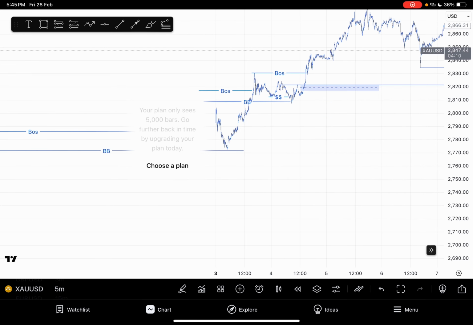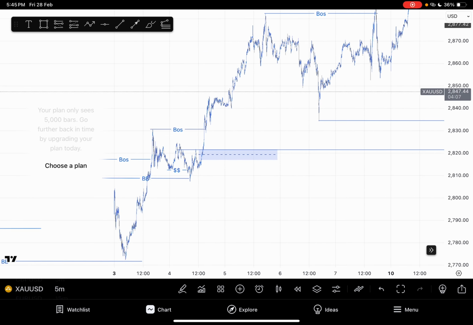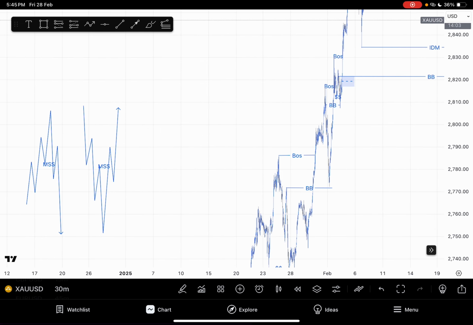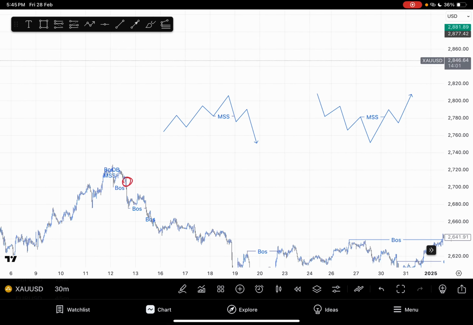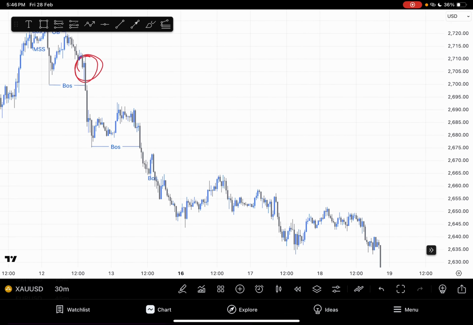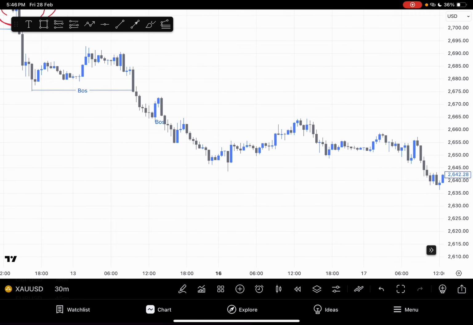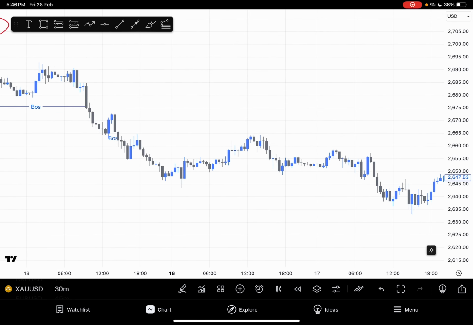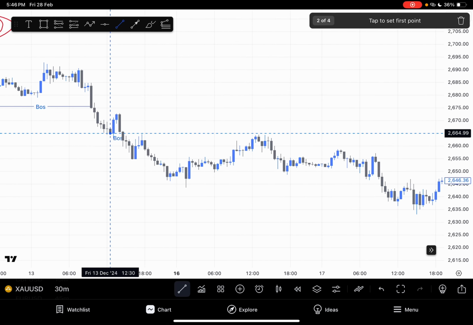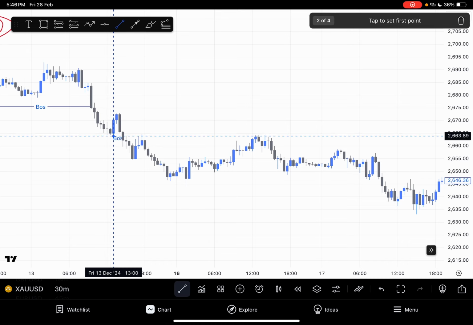Okay, price can't go beyond this point here, so let's just continue from this point. So now if you should go back to a lower time frame, like the 5 minute and the 3 minute time frame, you will see there's a breaker block at this point here, and price will always use the body of the candle, but you can also use the wick of the candle, but it's more advisable to use the body of the candle.